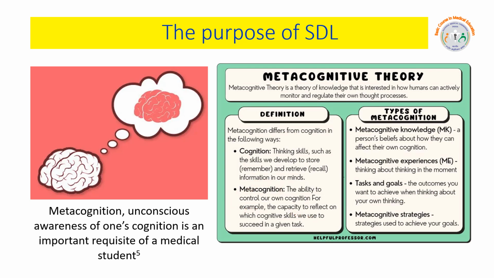For example, the capacity to reflect on what cognitive skill we use to succeed in a given task. So in implementation, by using that memory, how can I solve a problem or succeed in a given task, that is metacognition. Now this metacognition is also improved by self-directed learning.